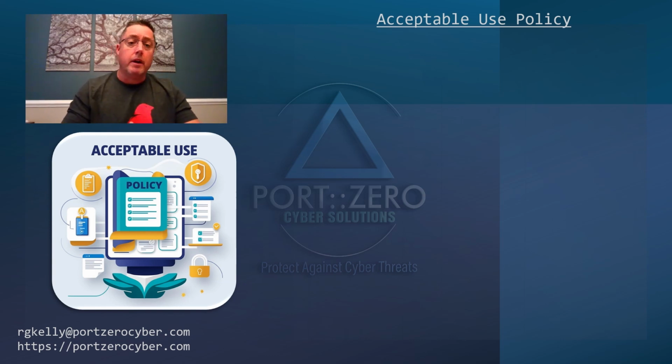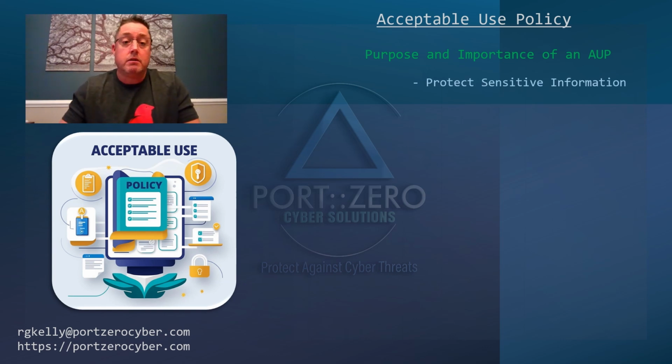To get started with section 1, or task number 1, let's discuss what an acceptable use policy is and why it's essential. An AUP defines acceptable and unacceptable behavior when using company resources such as computers, networks, and data storage. At Port Zero, we emphasize that by setting these standards, companies can: 1, protect sensitive information. Defining acceptable usage minimizes risks of data breaches. 2, mitigate legal liability.